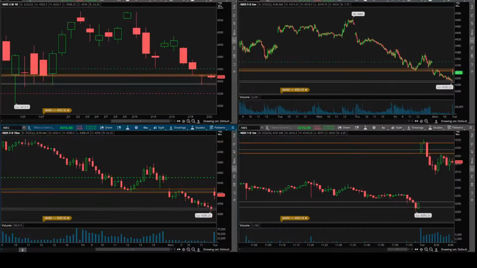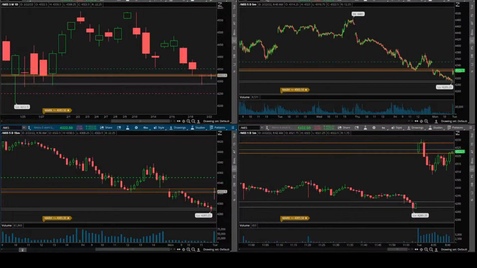Nasdaq's looking a little stronger here. All right, let's see if we can get above 24 and hold it.